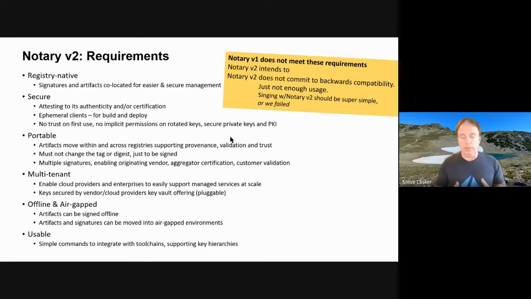We see people trying to make it work because it's one of the few things that actually works across multiple clouds. But it doesn't meet pretty much any of these requirements. So we're not promising any compatibility. And we kind of use the bar that if it's not super simple to sign with V2, then we failed and it's irrelevant anyway. So that's kind of a way to think about it.